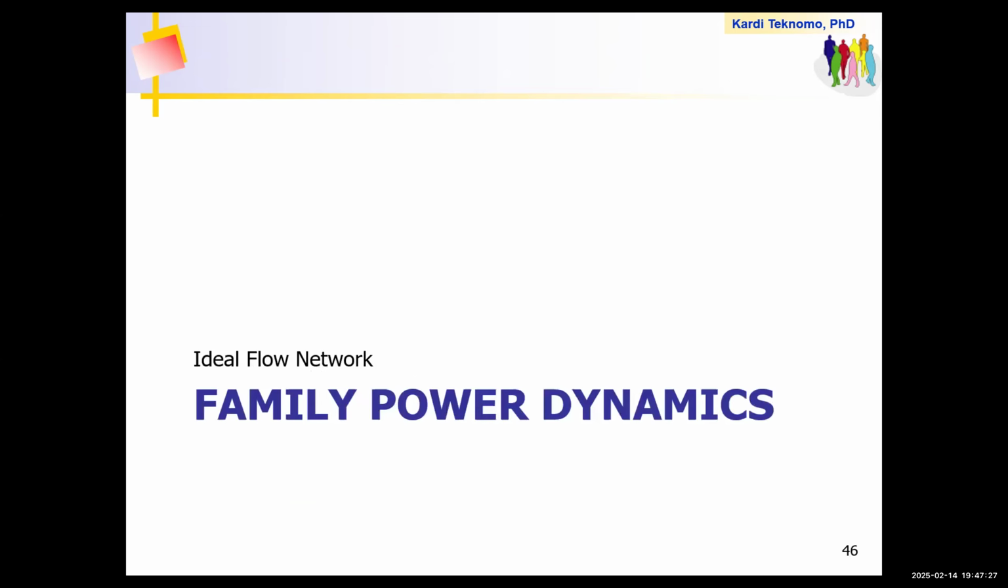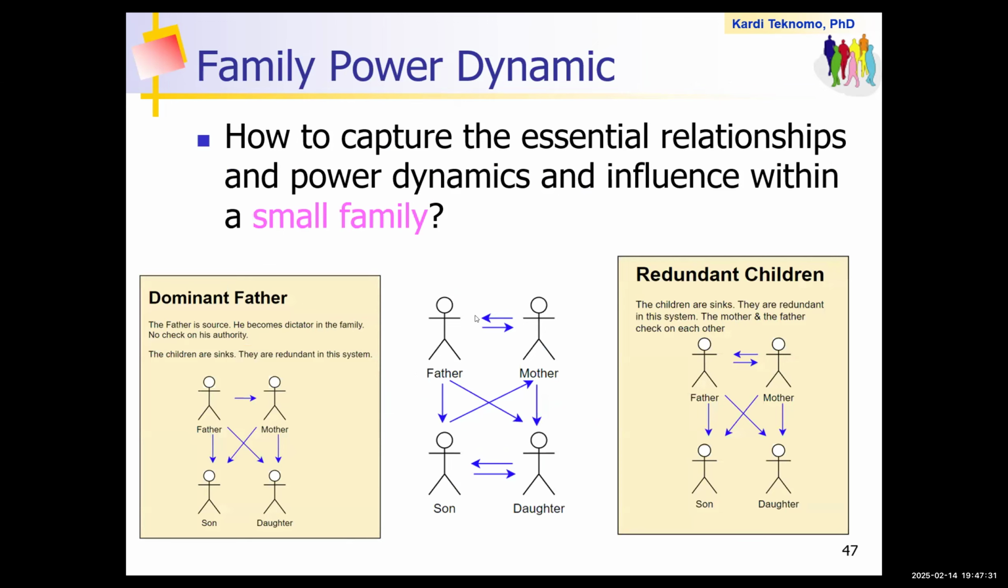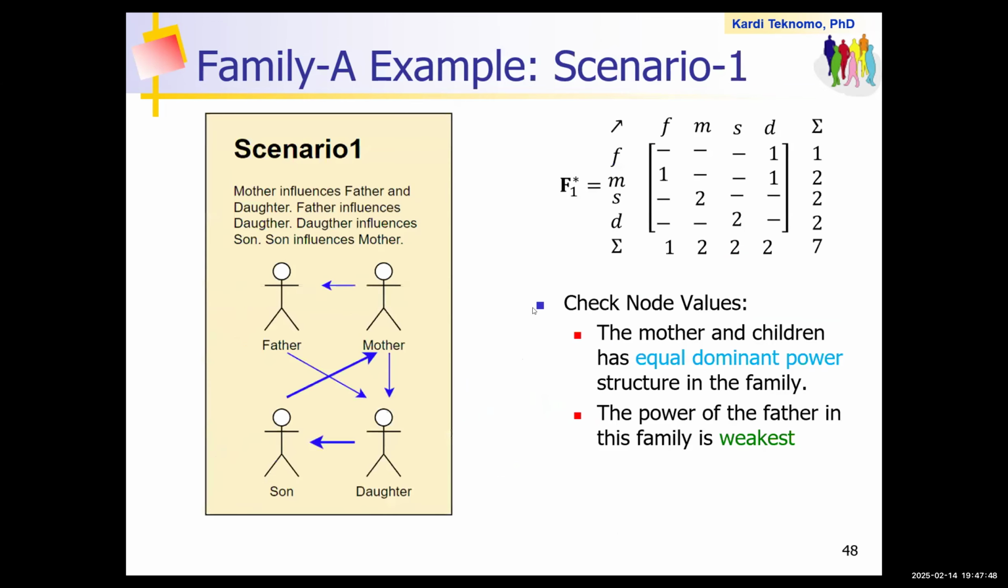Okay, let me show you a simple but nice example in the family. Again, this is the family that you have. Say it's a very small family, only father, mother, son and daughter. And this is redundant, we don't want that. So let's make a first strongly connected family.